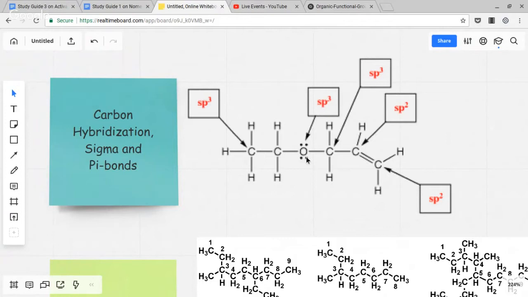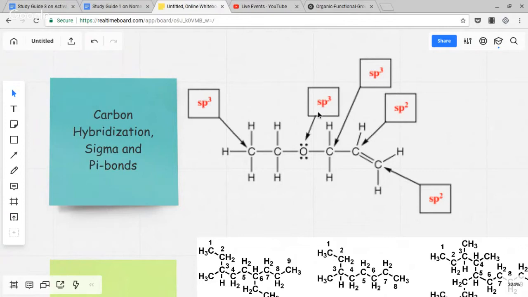So 1 plus 3 is 4. So all sp3s means it has 4 available slots or available orbitals for bonding. Okay, I hope sp3 is clear to you. So everything that has 4 single bonds for carbon is sp3. And if there is a lone pair, you have to count it as another orbital that's available for bonding.